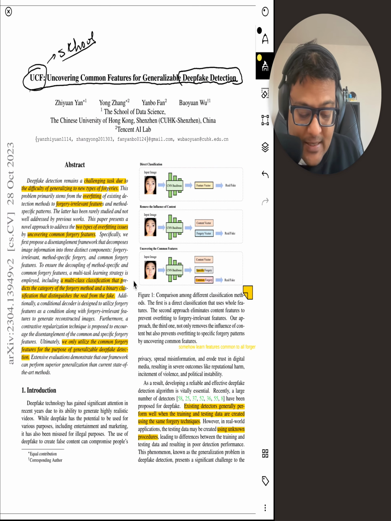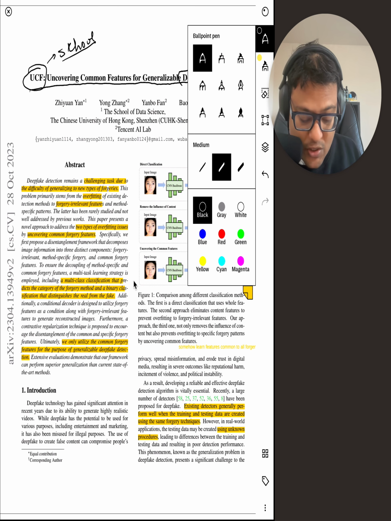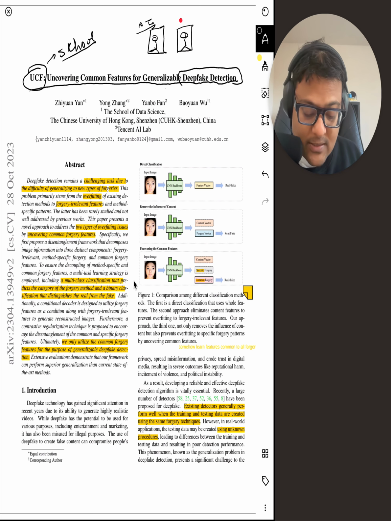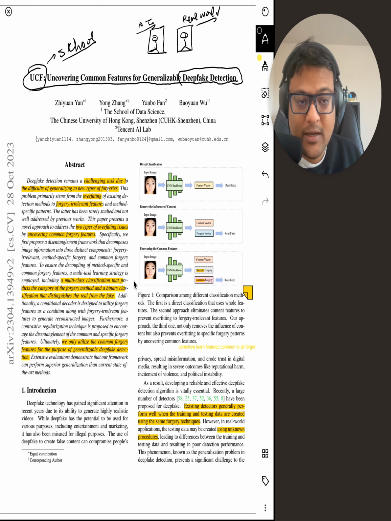The technical formulation of this problem is pretty easy. Deepfake detection means you are given an image, and it is either AI generated or taken from the real world, and you need to be able to distinguish between these two.